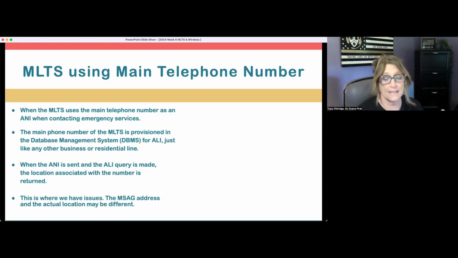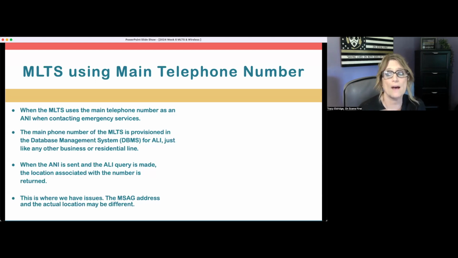When the phone number is sent off to get the ALI, a query is made, and the location associated with that phone number is brought back from the ALI database. This is where we're having issues, because only that simple location is coming back.